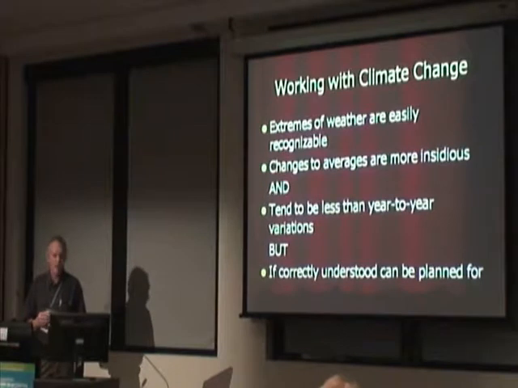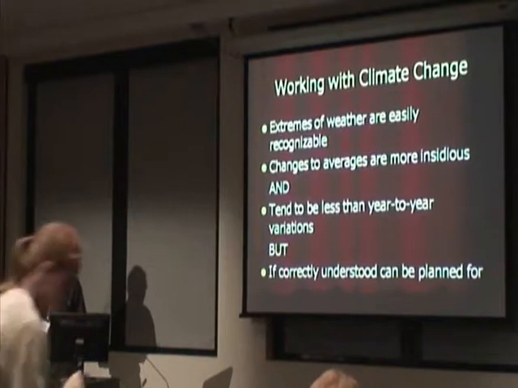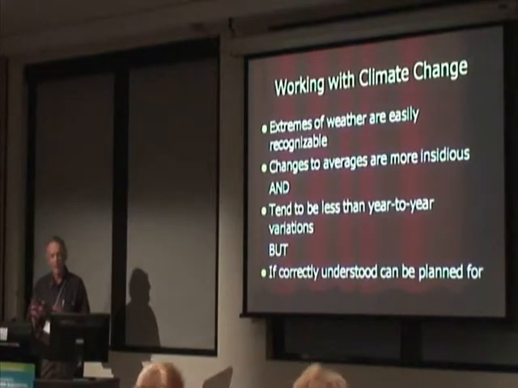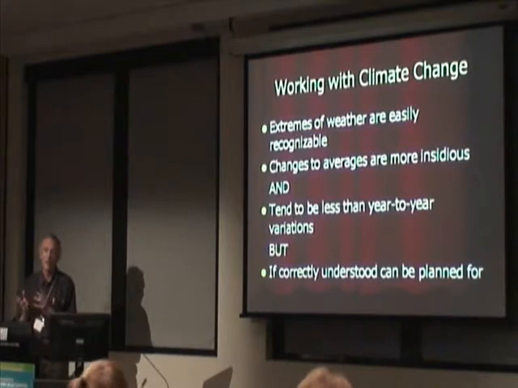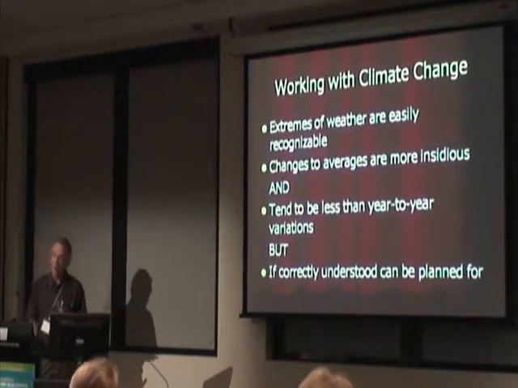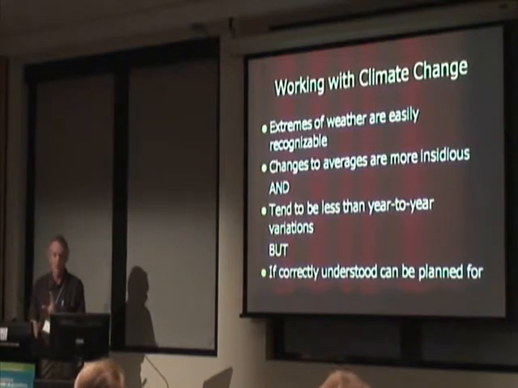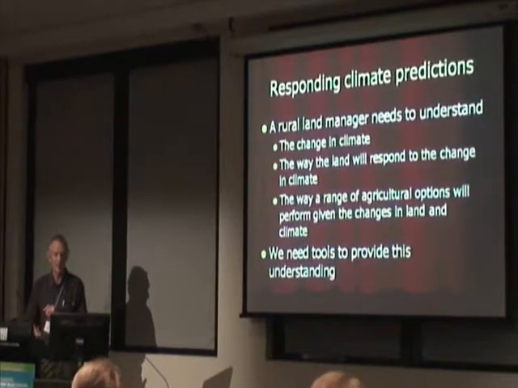These changes tend to be less than the year-to-year averages, and that means that often people on the land making decisions about land management are reacting to year-to-year changes rather than to the long-term trend changes. However, it may be important for them to also know the long-term trend changes and be able to think ahead and adapt to and plan for them.